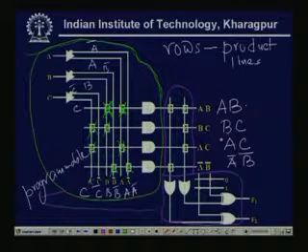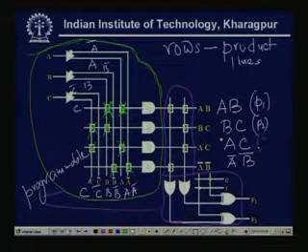So, it has 4 inputs. The inputs are P1, that is AB, P2, P3 and P4.